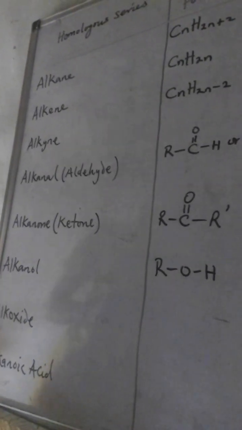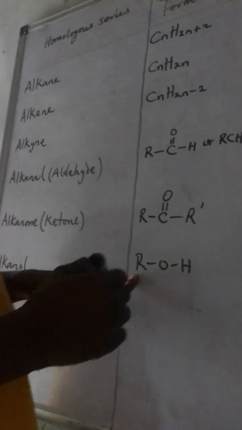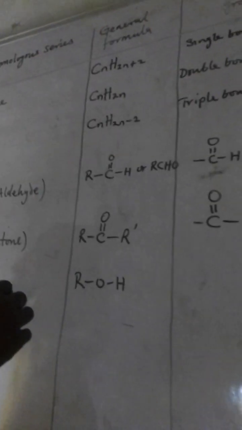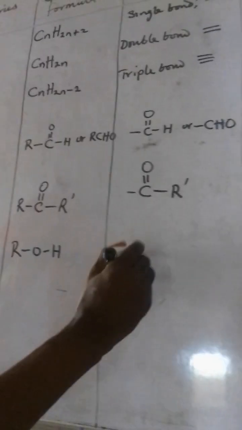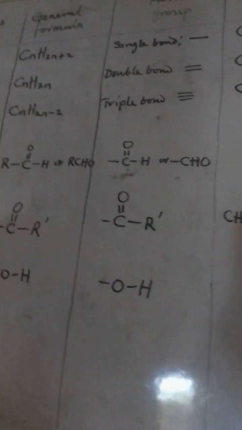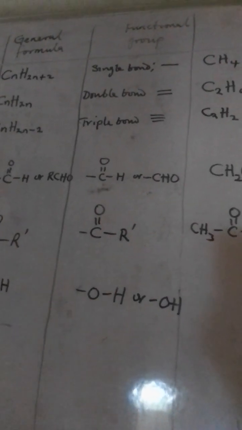The next is alkanol. The general formula for alkanol is ROH, where R is an alkyl group. So what is the functional group? The functional group is when you remove the alkyl group, you have OH, functional group, or OH, like this.